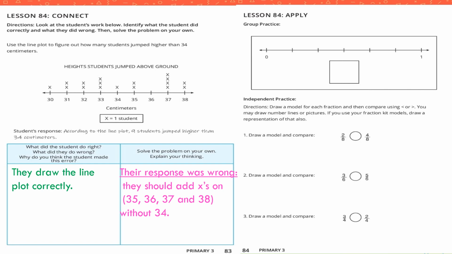Let's calculate. On 35 we have 2 students. On 36 we don't have any students. On 37 we have 4 students. On 38 we have 2 students. So 2 plus 4 plus 2 equals 8 students. 8 students, not 9 students.